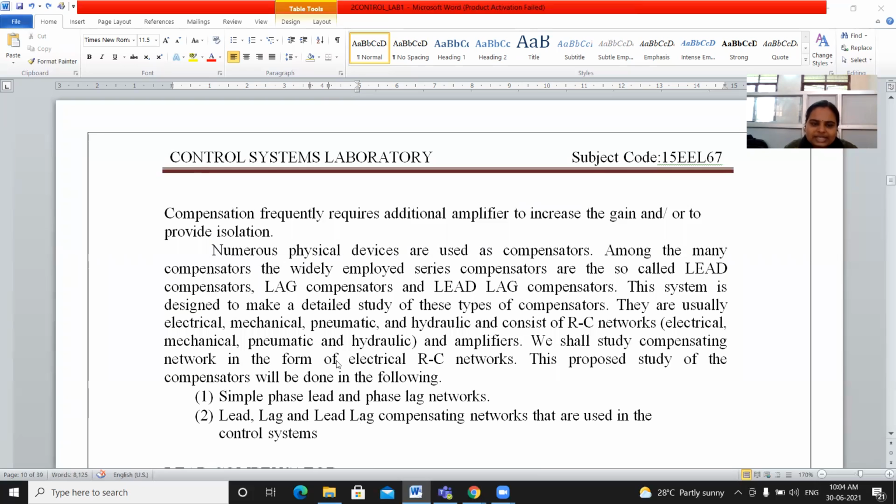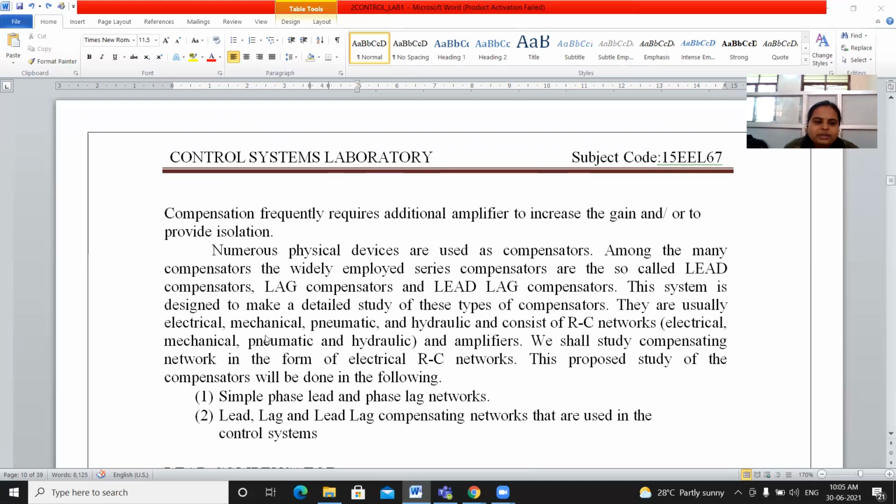Then some more examples. Numerous physical devices are used as compensators. Among many compensators, the widely employed series compensators are called lead compensator, lag compensator, and lead lag compensators. This system is designed to make a detailed study of these types of compensators.